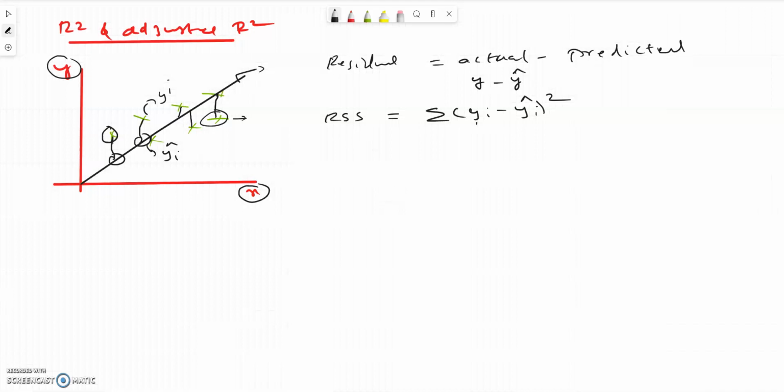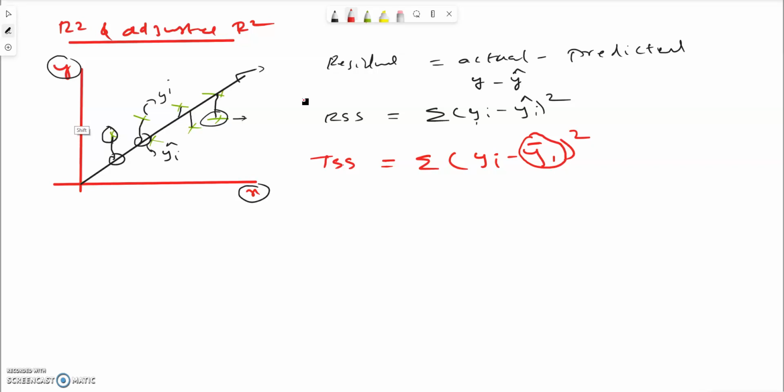We also have another one which is called total sum of squares. Total sum of squares is given by the equation summation of yi minus yi mean, squared. What is this value here?